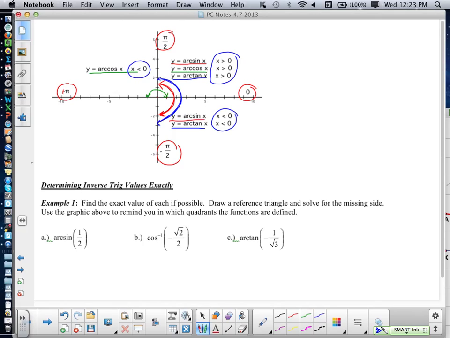So one of the things you're going to be asked to do is to draw reference triangles to help you identify, for instance, the solution to, or what does arcsine 1/2 represent. So what you're going to do is look first at the positive or negative value of the trig ratio.